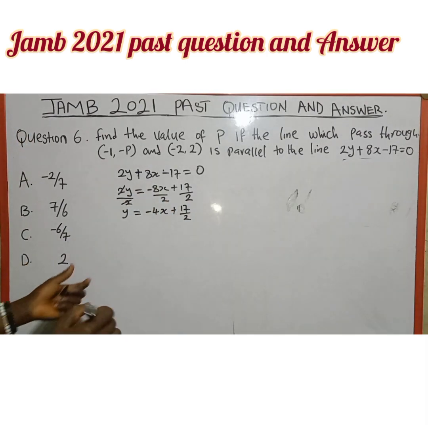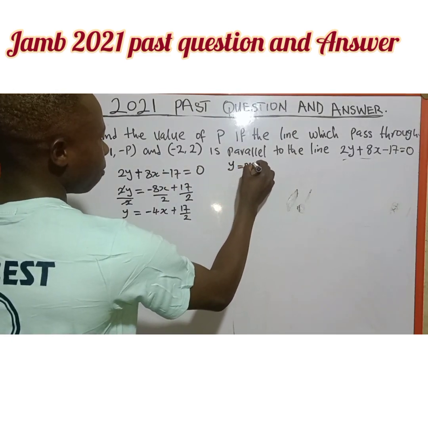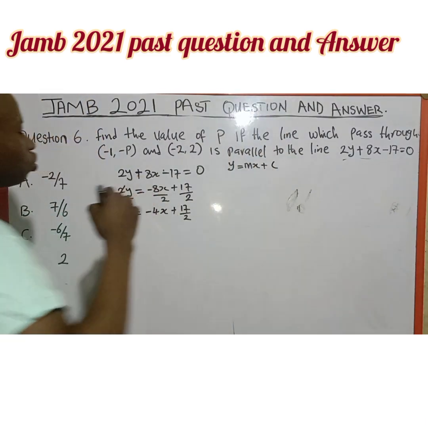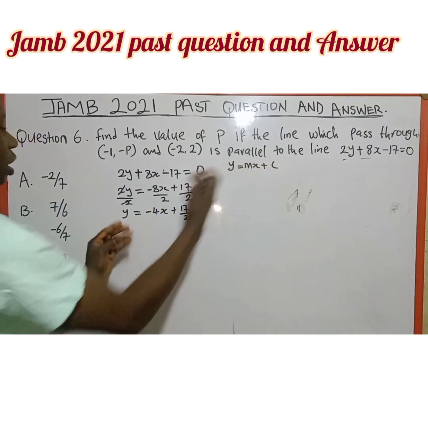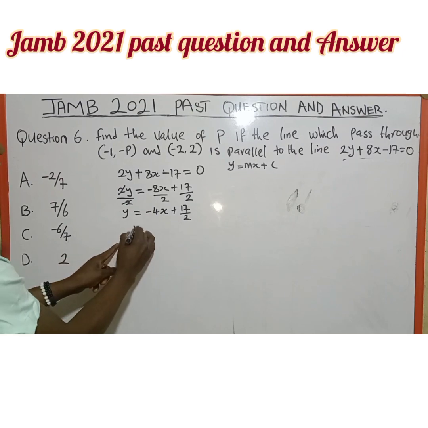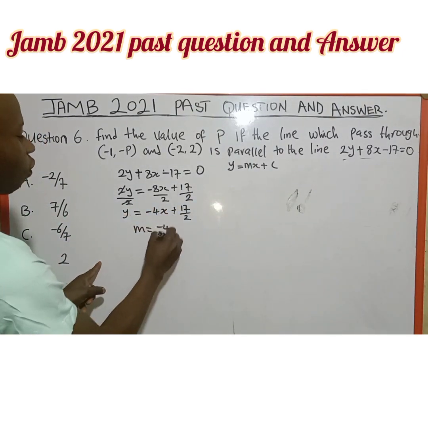So remember our equation of the line: if you have y equal to ms plus c. From here, if you look at this equation, it is the same form as this. So the value of my m here will be the coefficient of s, which is -4.